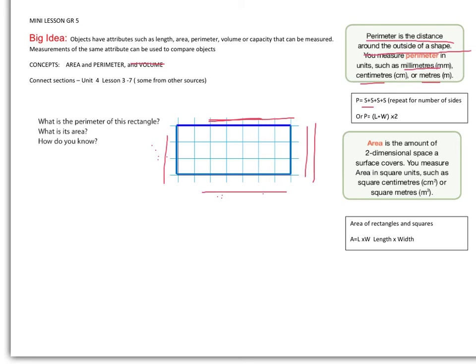So let's take a look at this rectangle and let's figure out our perimeter. If we have a length of 1, 2, 3, 4, 5, 6, 7, we have a length of 7 and a width of 3, what would our perimeter be? Well, using either formula, 7 plus 3 plus 7 plus 3. 7 plus 3 is 10, 7 plus 3 is 10, 10 plus 10 is 20, and we're going to assume these are centimeter squares.